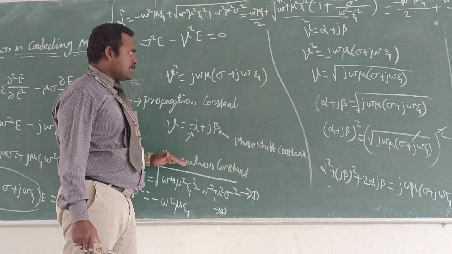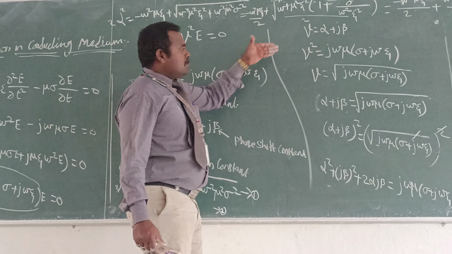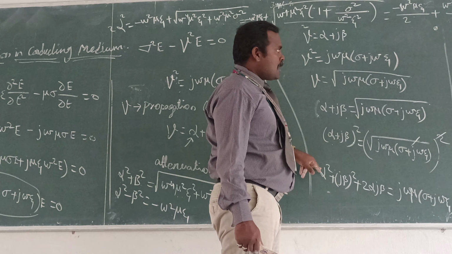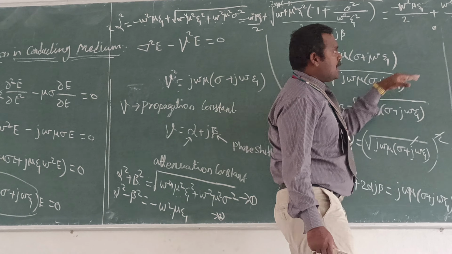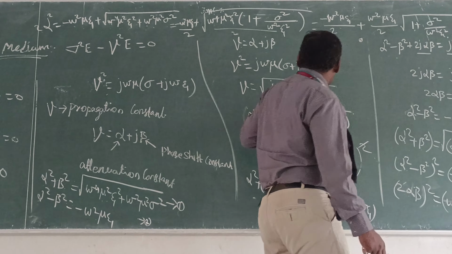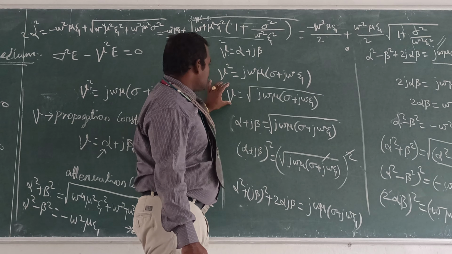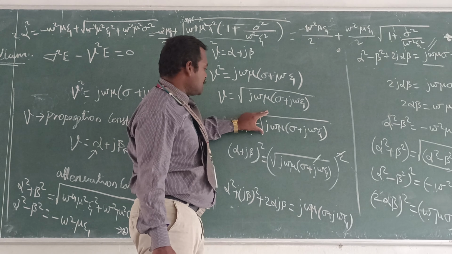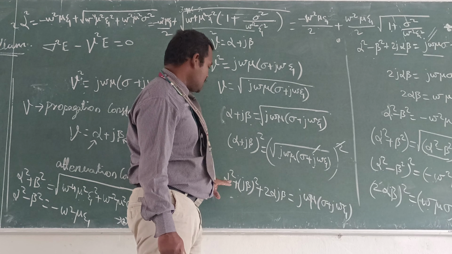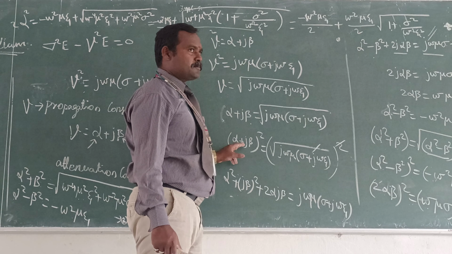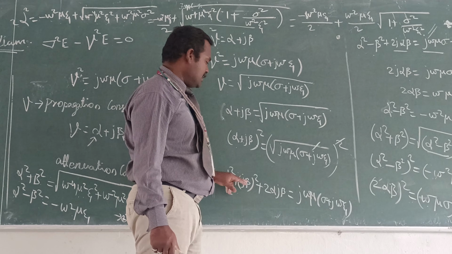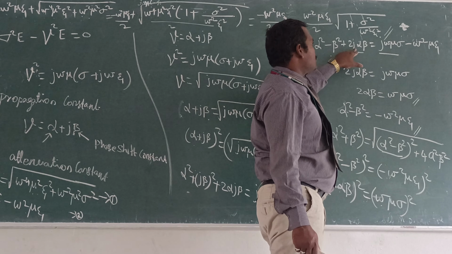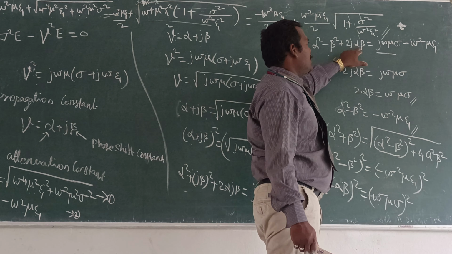For that, you can simplify the expression while comparing those two equations, and you can find alpha square minus beta square. Gamma should be alpha plus j beta. Similarly, take the square on both sides, using the a plus b whole square formula, and you can find alpha square minus beta square plus 2j alpha beta.